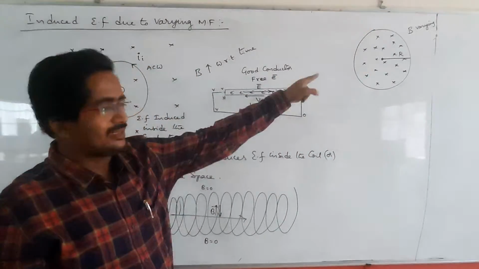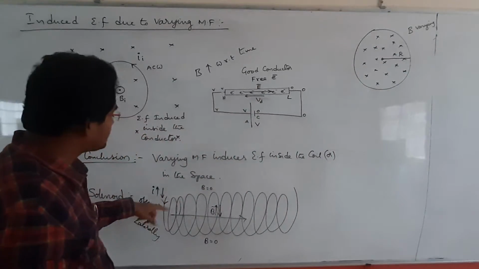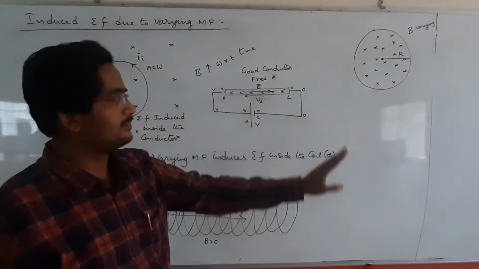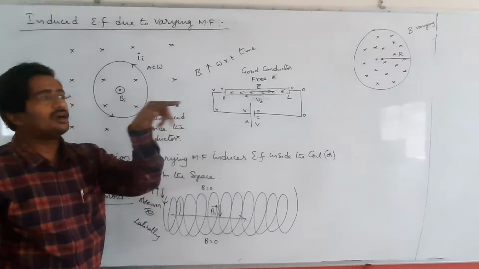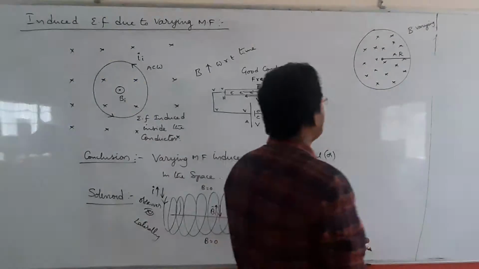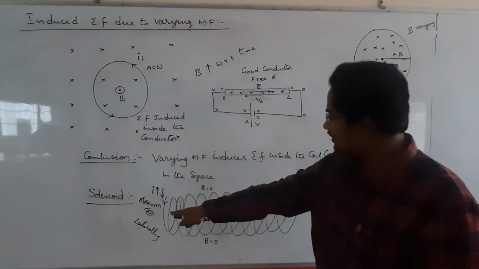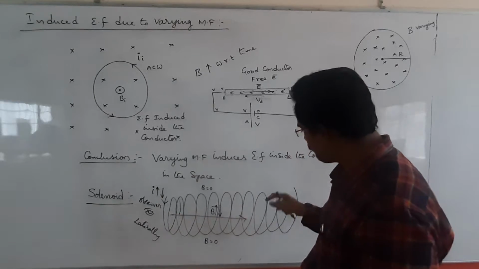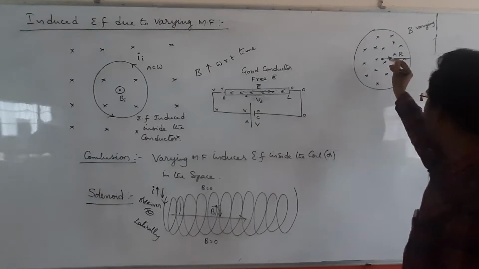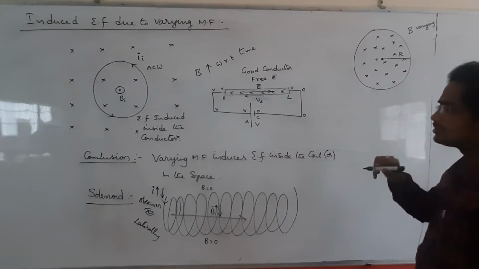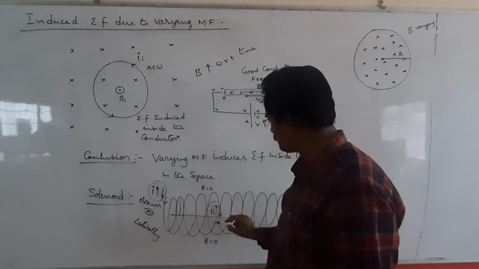Laterally, the field inside the solenoid appears like this, because the B direction is away from me, that is inward for the observer standing in front of the board. By that I have drawn the diagram like this. As long as this current is varying, this B is also varying.